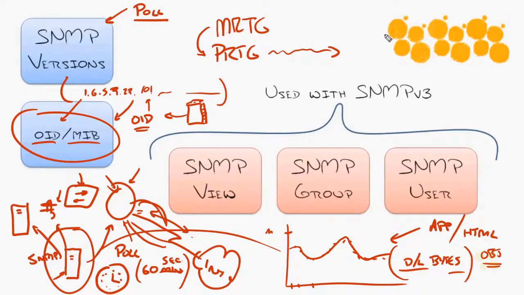I actually did a YouTube video on SNMP a long time ago. It's got like 100,000 some views, and it uses the same slide. I used an example of a coffee machine. Like if I were to create a coffee machine, I so cannot draw, that's brewing coffee, I could set up OIDs for this device that would be things like how hot, what's the temperature of the coffee, what's the strength, right?